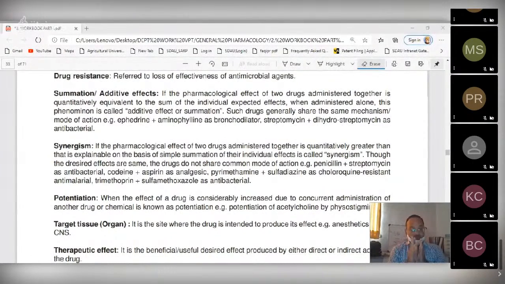Number one, the therapeutic effect of drug A and the therapeutic effect of drug B will be summed up. That means 1 plus 1 is equal to 2. Another possibility is 1 plus 1 is greater than 2. That is known as synergism. Additive effect is known as summation effect. Synergism is 1 plus 1 greater than 2.